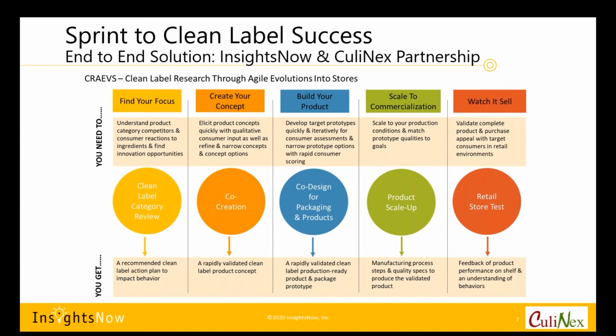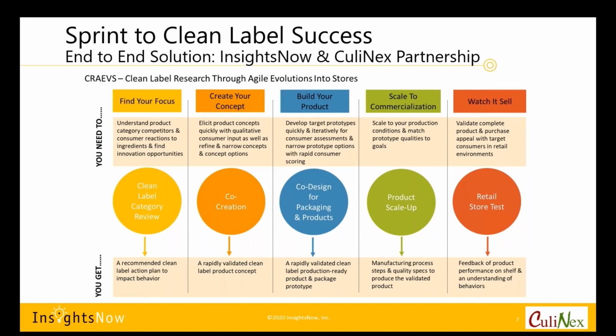And, you know, Craves is this 5-step process that is an end-to-end solution to rapid, agile, consumer behavior-driven product development. So we'll be walking through each of these phases with you as we go through the presentation today.